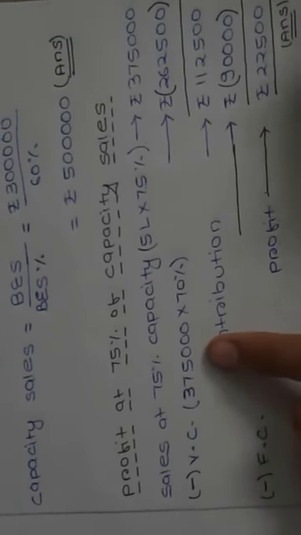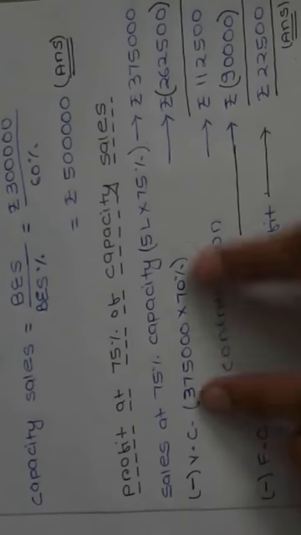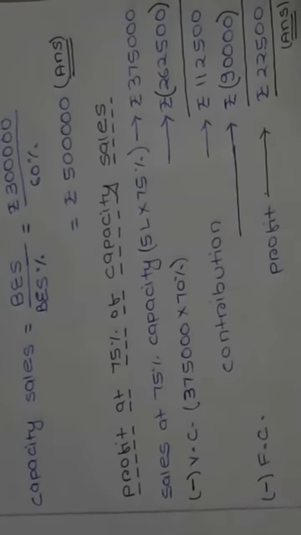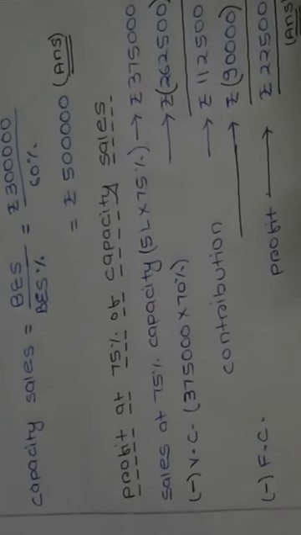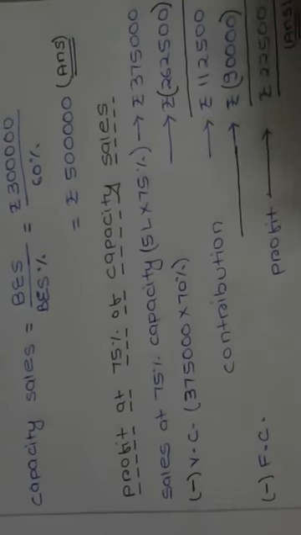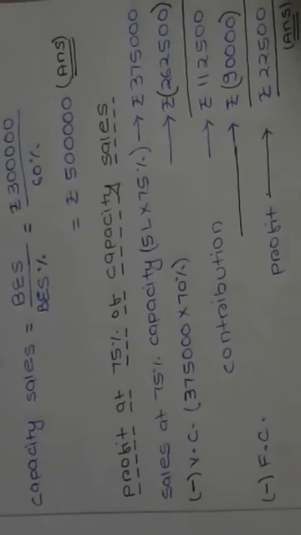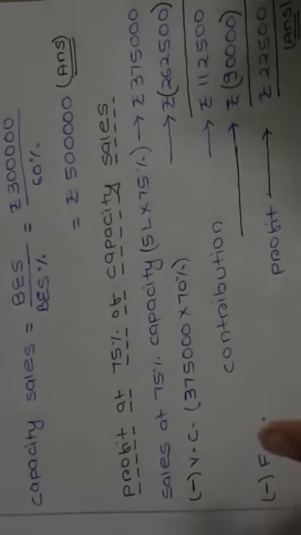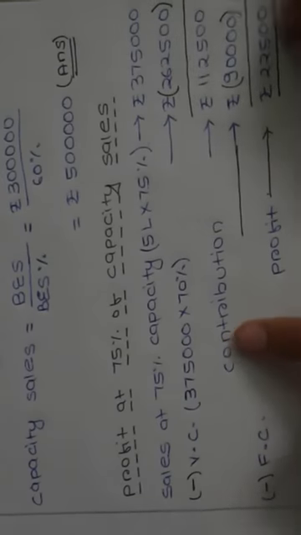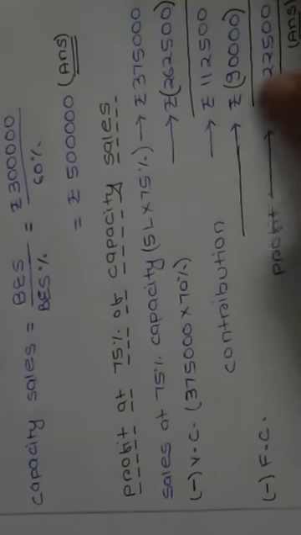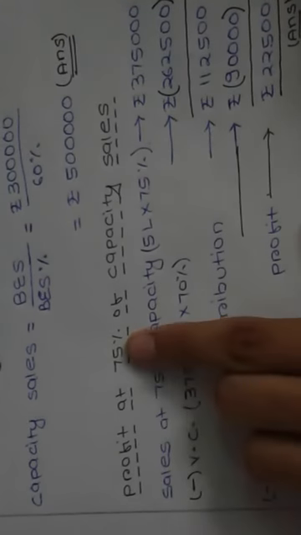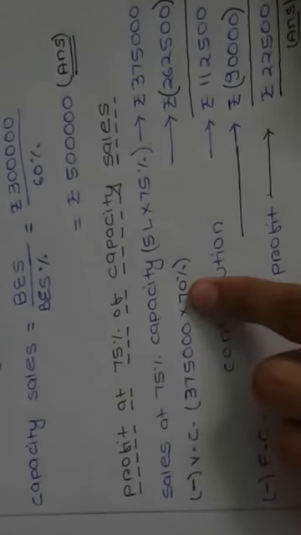Number one, 3,75,000 into 70%, where 70% is the variable cost ratio given in the question. We can also compute variable cost as 5 lakh into 75% into 70%.